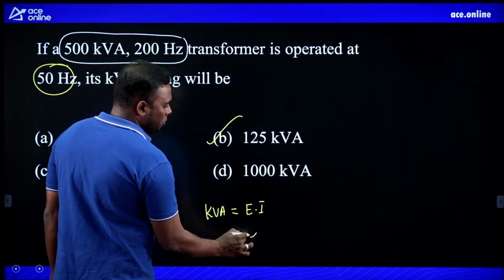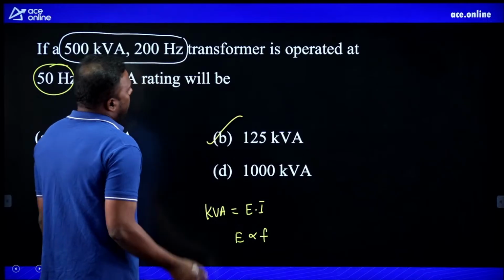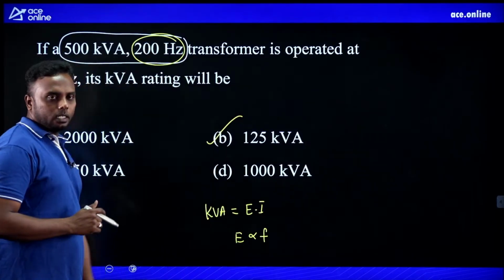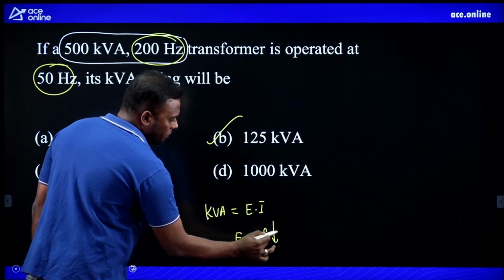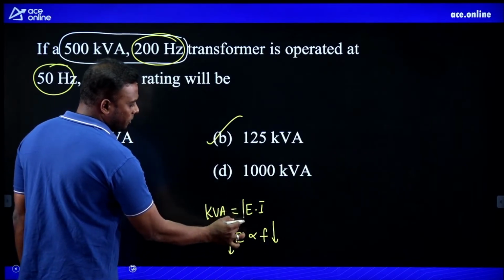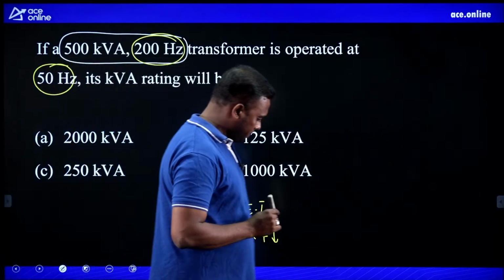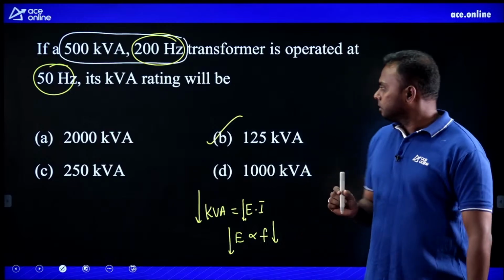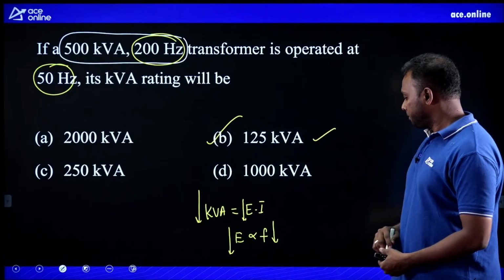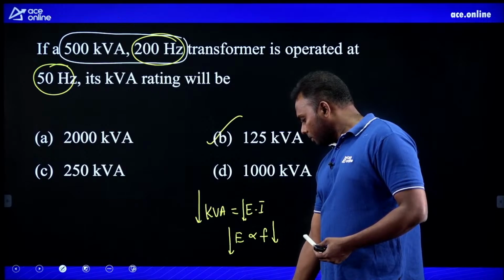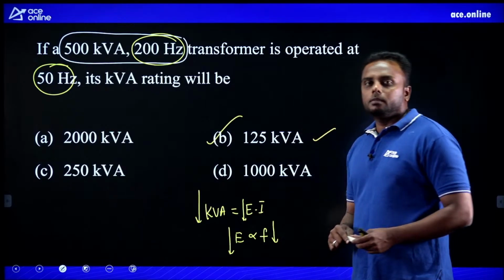So EMF is proportional to frequency. When operating at 200 hertz, EMF will be more, and we get 500 kVA. Now frequency is reduced to 1/4, so EMF is also reduced, and whenever EMF is reduced, the kVA rating is also reduced. So it is 1/4, that is 125 kVA we get. Clear? Next question.